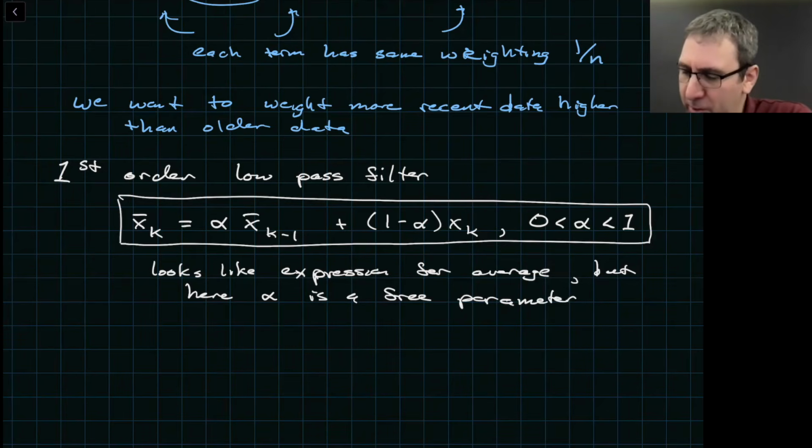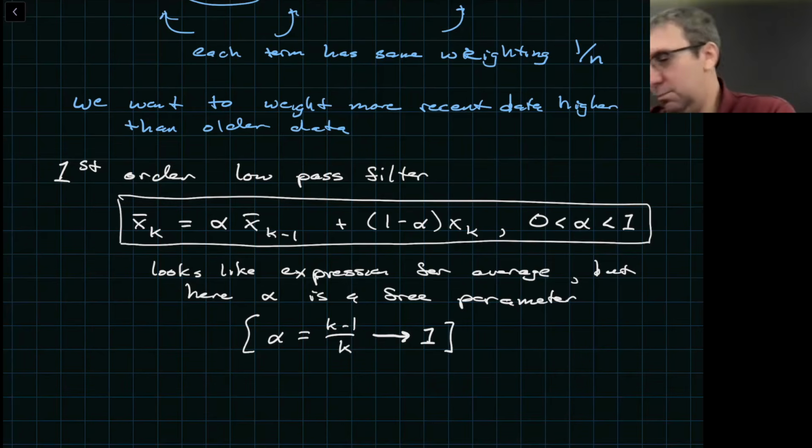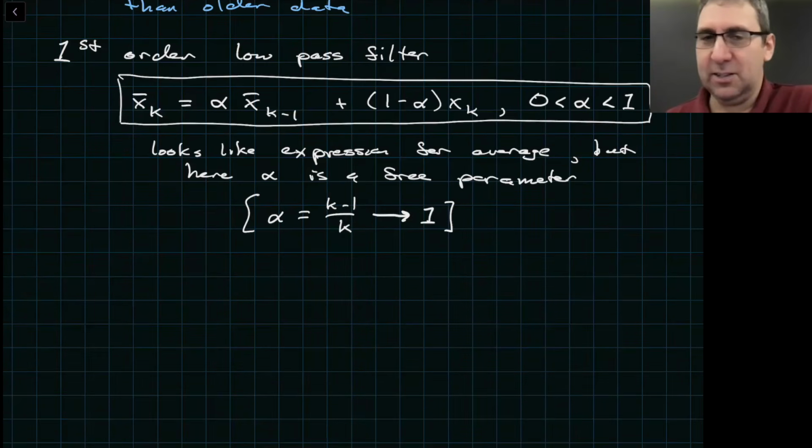And if you think about it, before, when we were looking at the average, alpha was defined to be K minus 1 over K, which if K is large, is going to 1. But now we don't have to go to 1. We could do 0.7, 0.5, 0.3, and it'll affect things. But this is what we're calling a first order low pass filter.